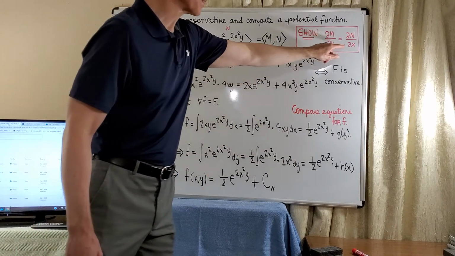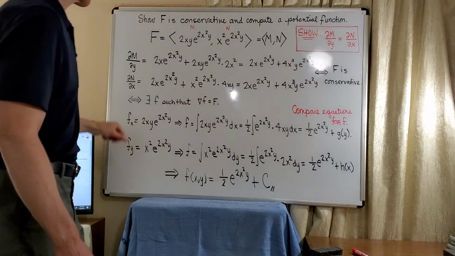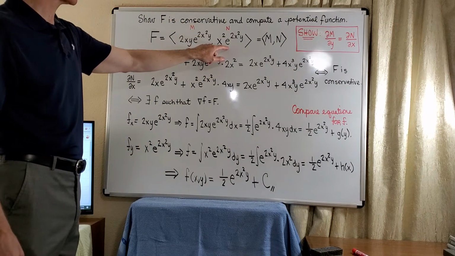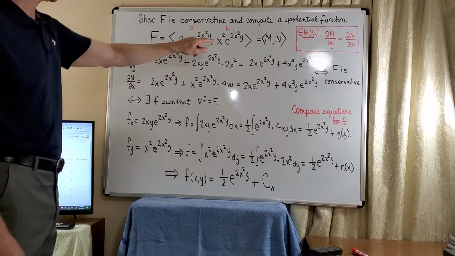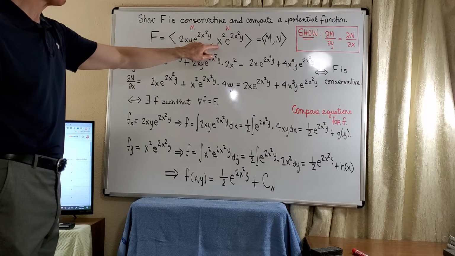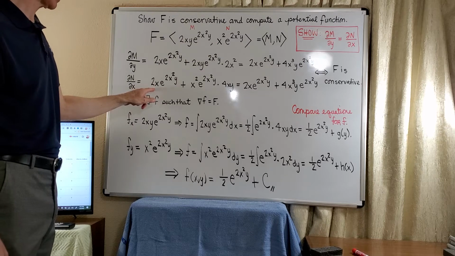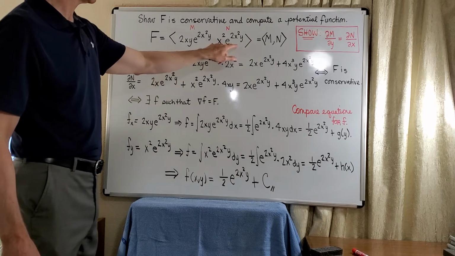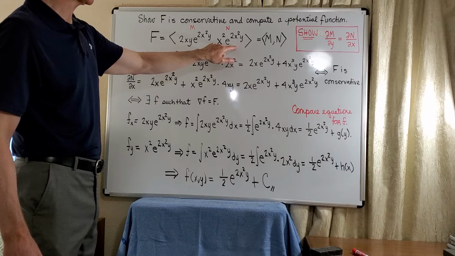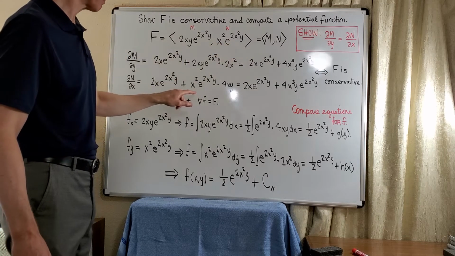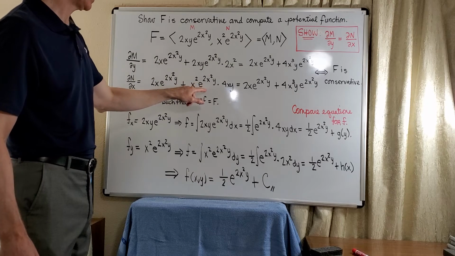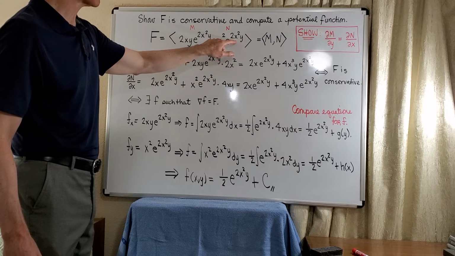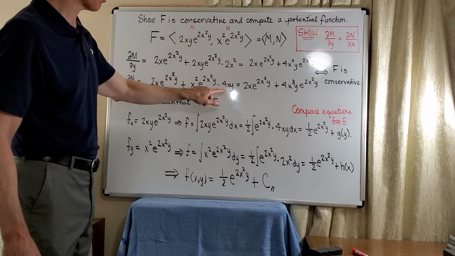Now we look for this particular partial. So we take the x partial of the second coordinate function, which is the n. Again, we have the first factor. That will give us a 2x times e to the 2x squared y, and then we take the derivative with respect to x of the second factor, so that gives us x squared e to the 2x squared y, and again differentiating with respect to x, we get a 4xy here.